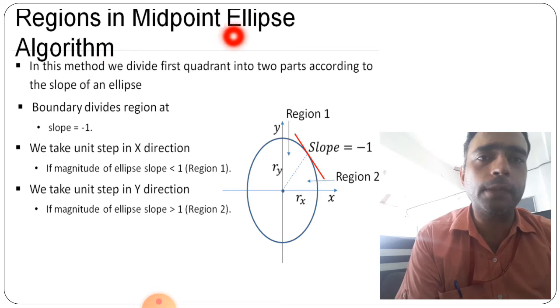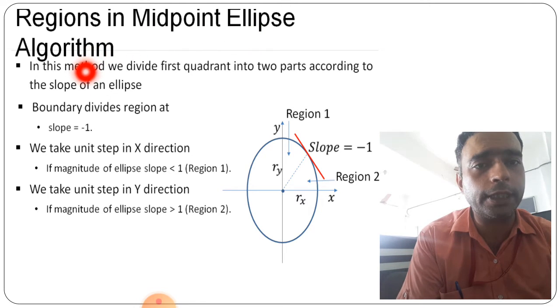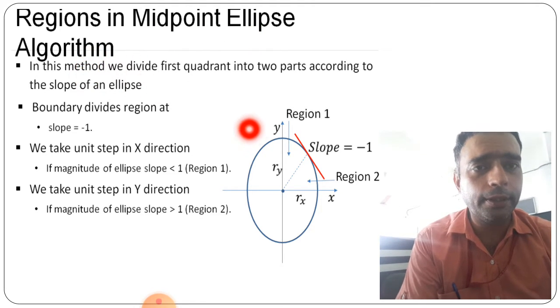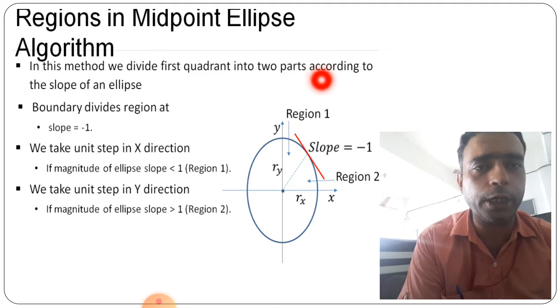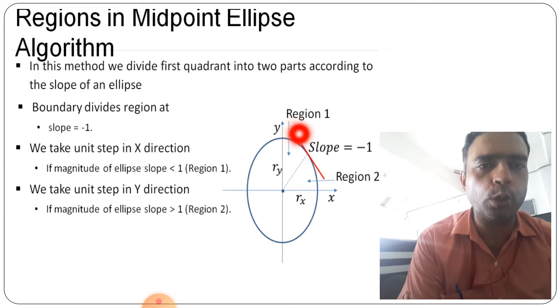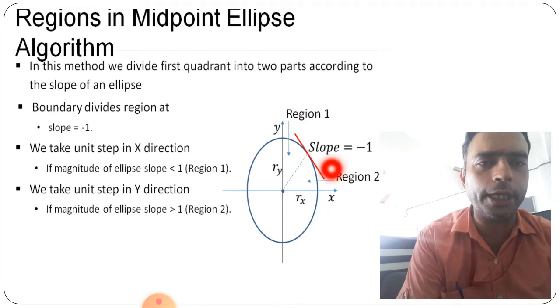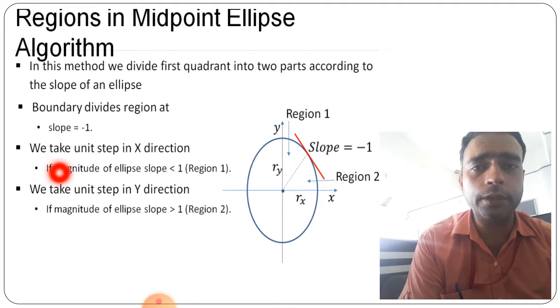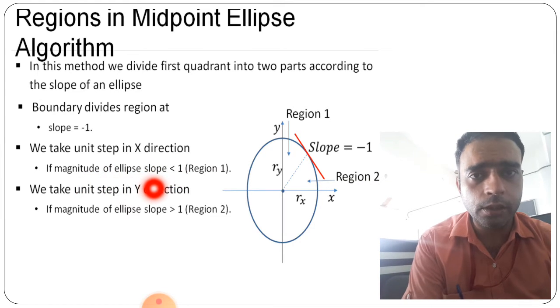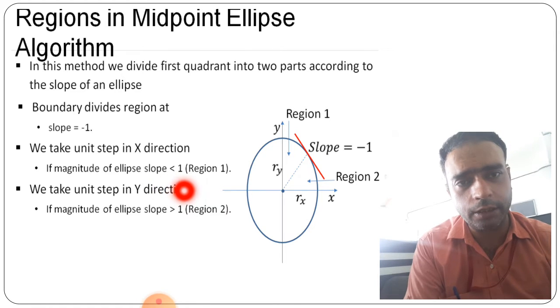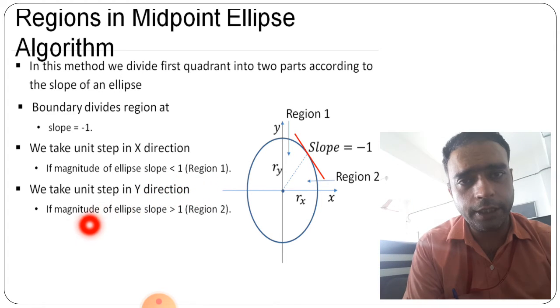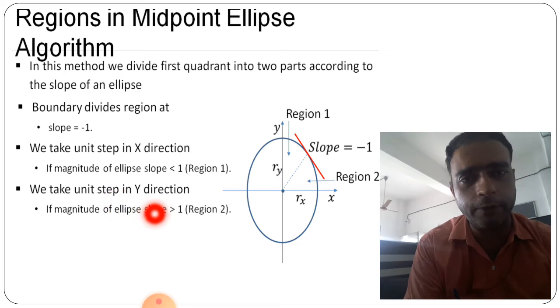Now the regions in the midpoint ellipse algorithm: here we will see there are two different regions. This diagram is showing the regions. In this we divide the first quadrant into two parts according to the slope. Here the slope is equal to -1. So if the magnitude of the ellipse slope is less than 1, then region 1, so we take unit step in x direction.